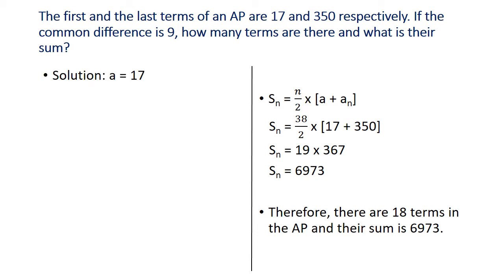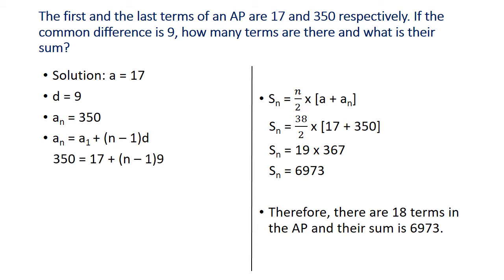Okay, A is equal to 17, D is equal to 9, An is equal to 350, and we don't know n. So we'll use the An formula to first find n. An is equal to A1 plus n minus 1 into D. 350 is equal to 17 plus n minus 1 into 9. We'll substitute the values: An is 350, A is 17 and D is 9.